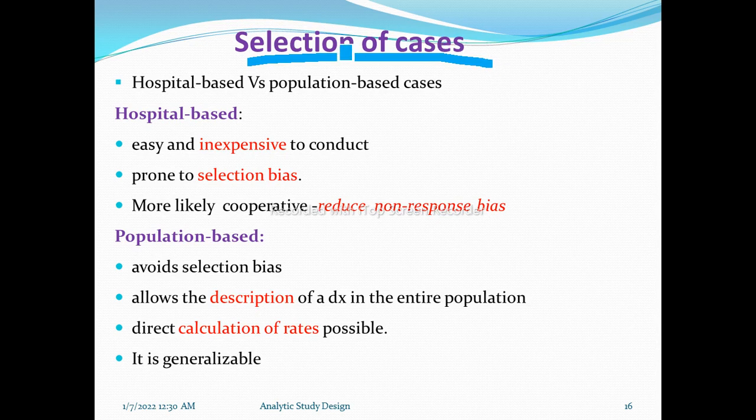When we see hospital based cases, when we select the cases for the study in the hospital, it will be easy and inexpensive to conduct, because you will get diseased subjects in the hospital and you will get controls in the hospital. But it is prone to selection bias.